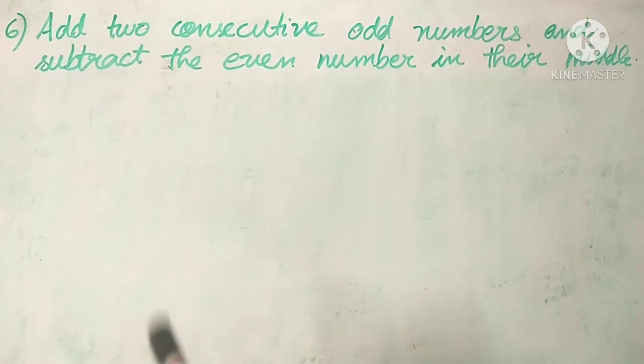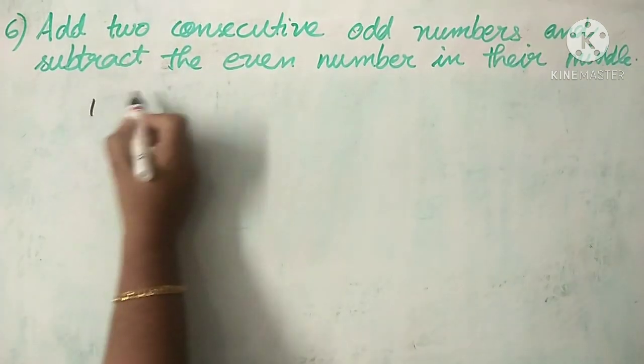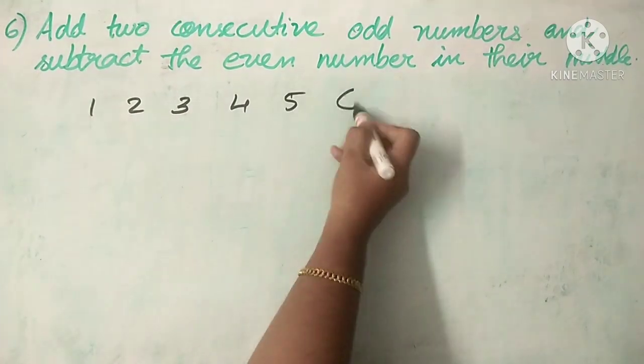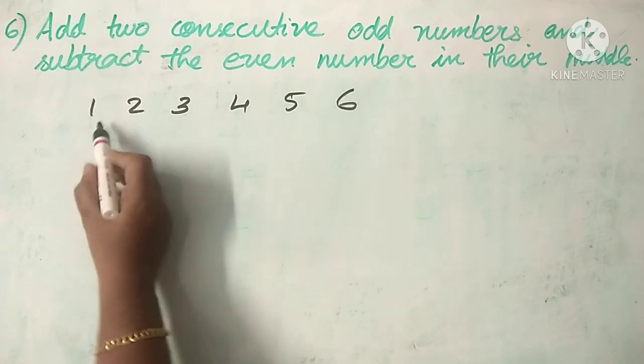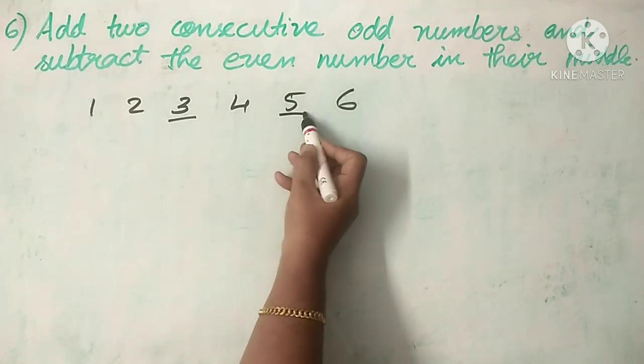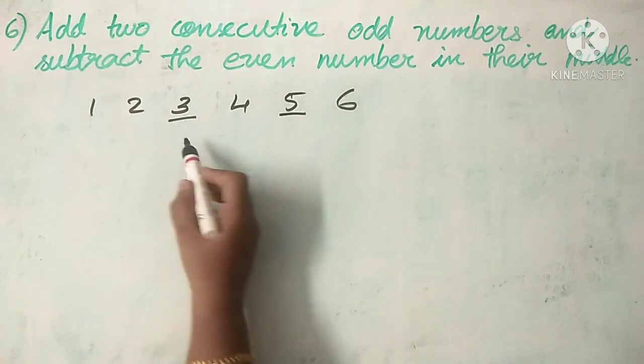Next question. Add two consecutive odd numbers and subtract the even number in their middle. The consecutive numbers 1, 2, 3, 4, 5, 6, these are the natural numbers, isn't it? Odd number means, see, if I am taking 3, the next odd number is 5. That is 3 plus 2, isn't it?